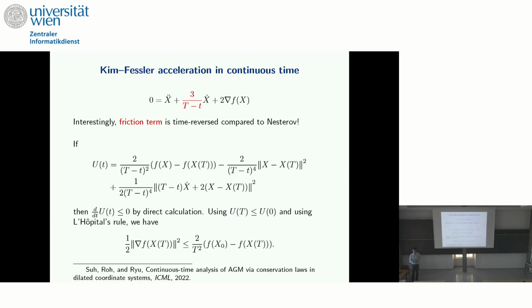A particle of mass 1 is subject to a potential given by the function f. And the friction coefficient is now time reversed compared to Nesterov's ODE. In any case, moving forward for the moment, we can define this energy function u, and through some direct calculations, we can show the 1 over t squared rate, again matching the discrete rate.